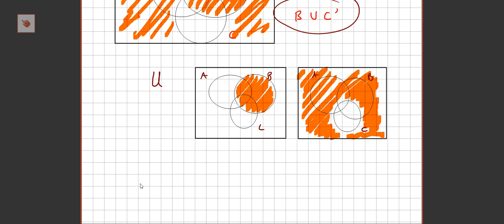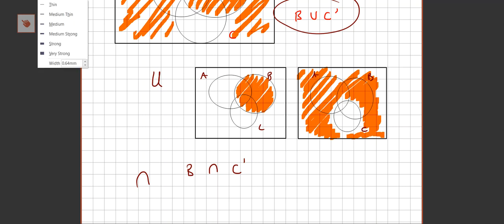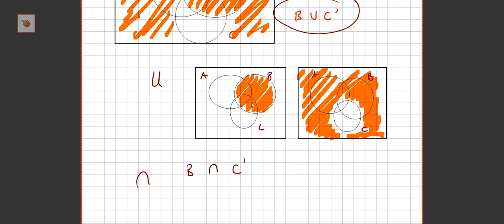But intersection, if we were to do B intersect not C, that would be a bit different, because what does the intersect mean? When they both meet. So which bit appears in both diagrams? The only bit that is in both is this section here.